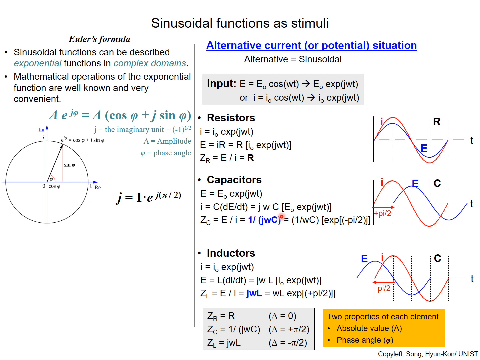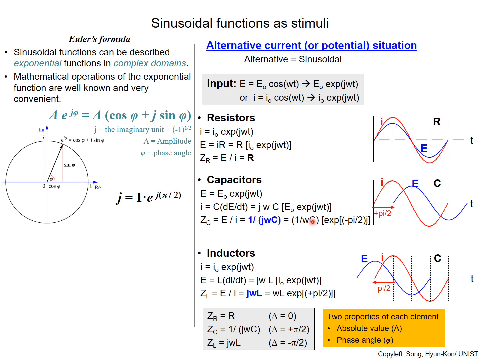Let me check this complex number, its phase angle and the amplitude. So 1 over omega c is not related to j here.